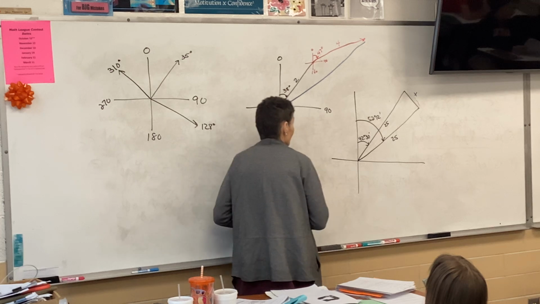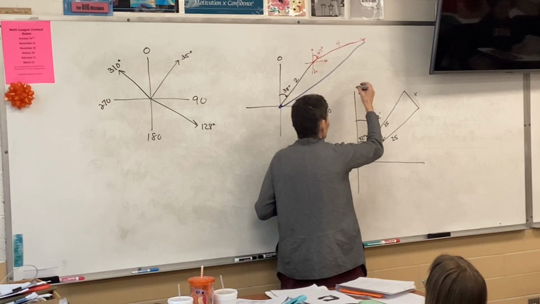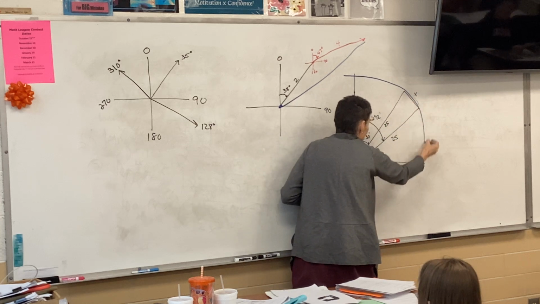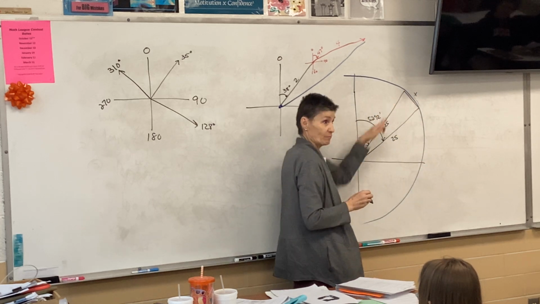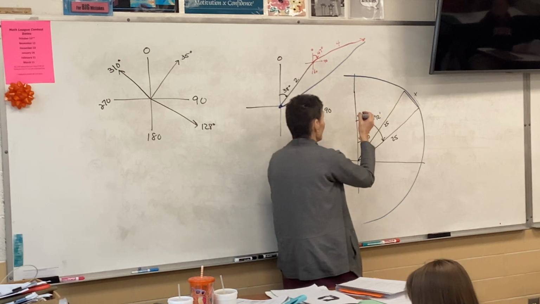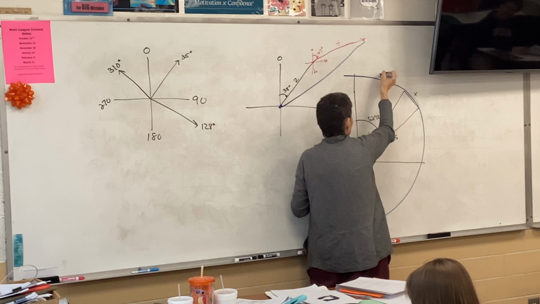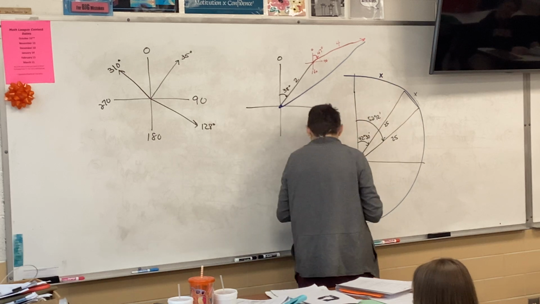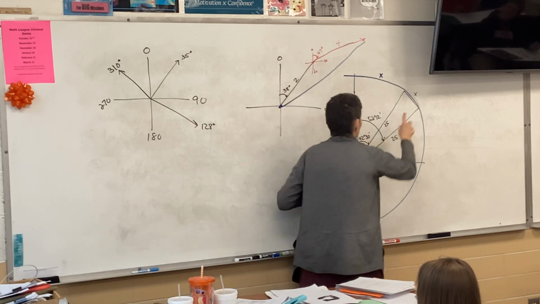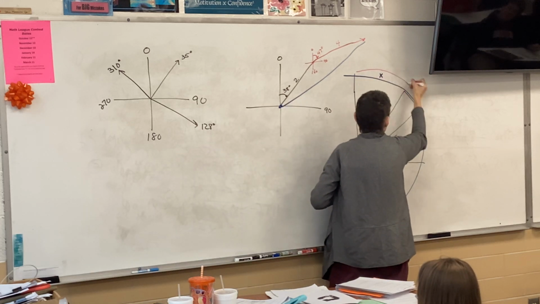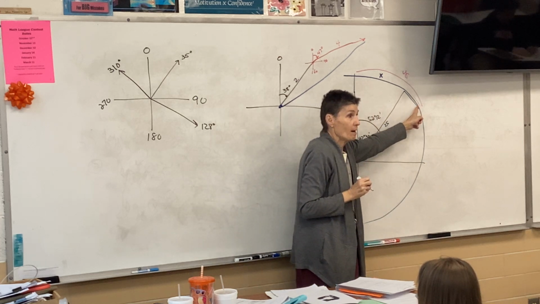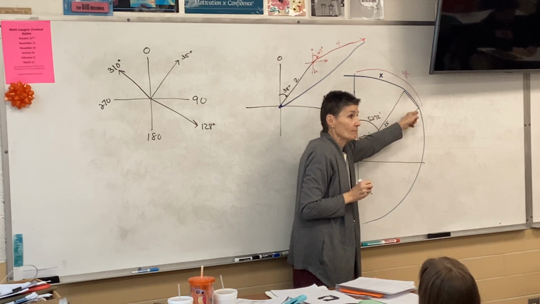Now, think about this for a second, guys. Would you agree that there's a big circle here with a radius of 25? And if we found this arc length, and we found this arc length, could we subtract them to get that guy right there?